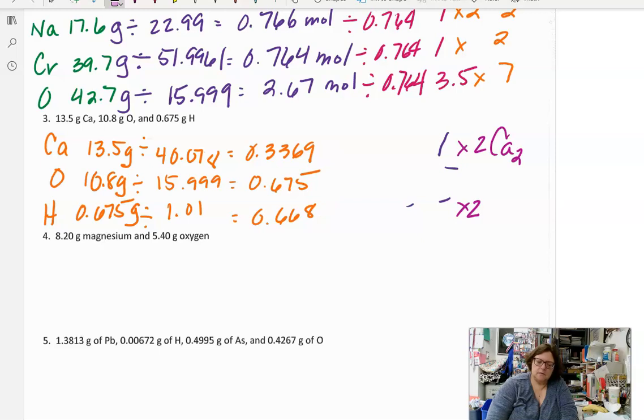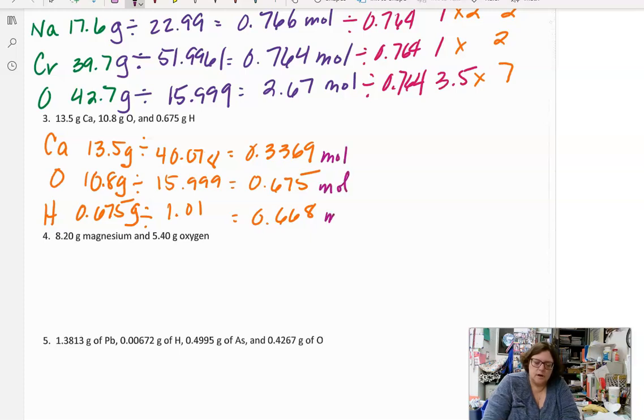Alright, I made a mistake. So I had to go back and start over, or not restart over, but all right. So I've done the moles. We have 0.3369 moles of calcium, 0.675 moles of oxygen, and 0.668 moles of hydrogen.